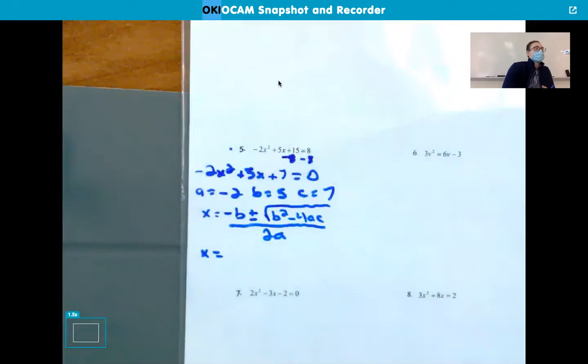Okay, I'll give everybody a second to catch up here. I'm going to plug in my values. Let's have someone who feels confident enough to tell me what the entire equation should be with the values plugged in.